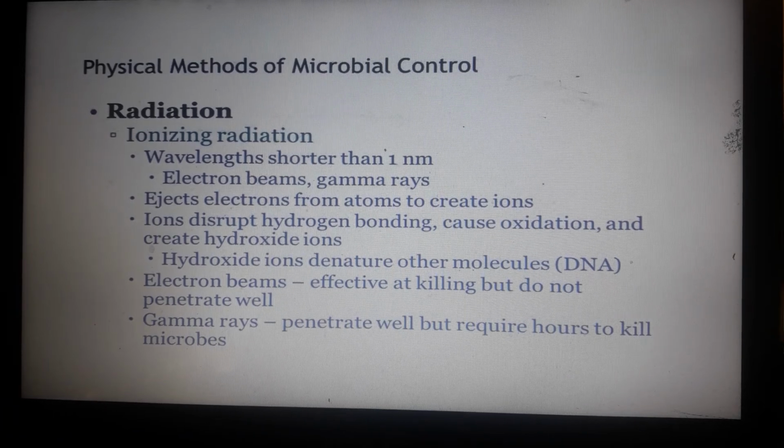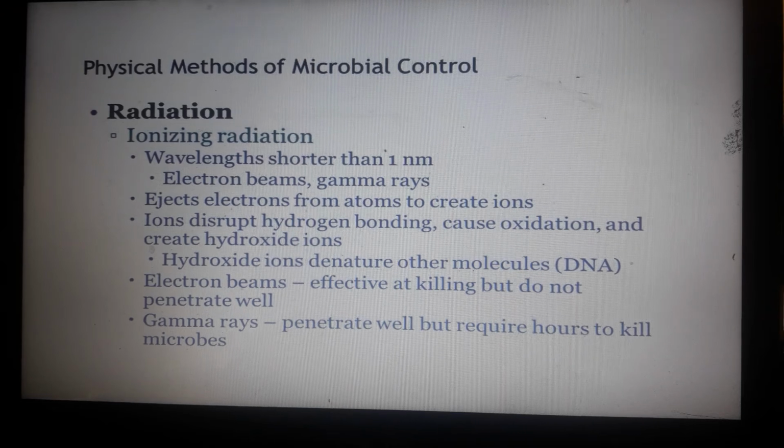Electron beams are effective in killing but do not penetrate well. Gamma rays penetrate well but require hours to kill microbes. So radiation takes a long time, because it requires long hours to penetrate the cells.